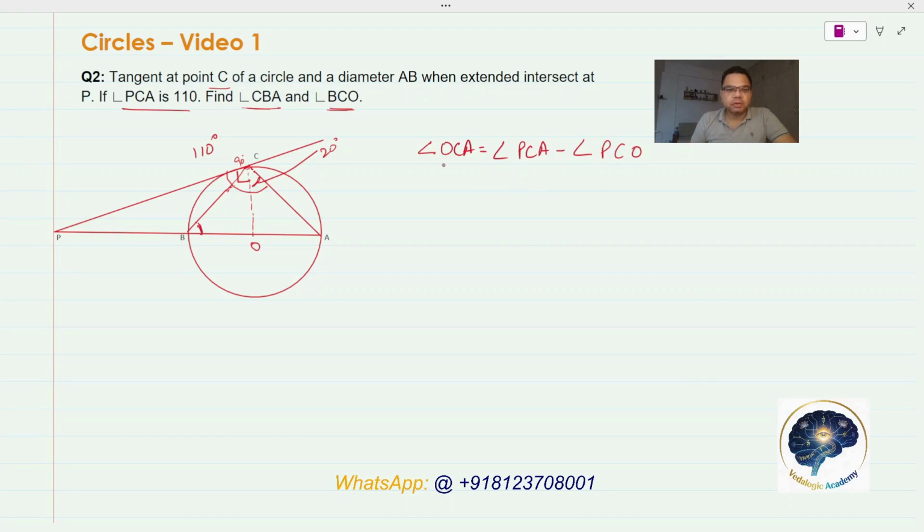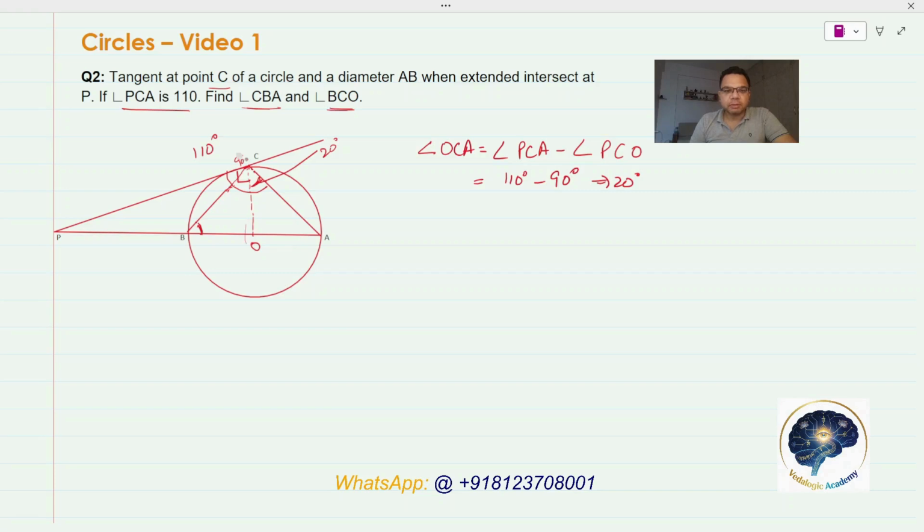PCA is the big angle minus the small angle, which is again 90. So 110 minus 90 degrees becomes 20 degrees. So this angle is 20.